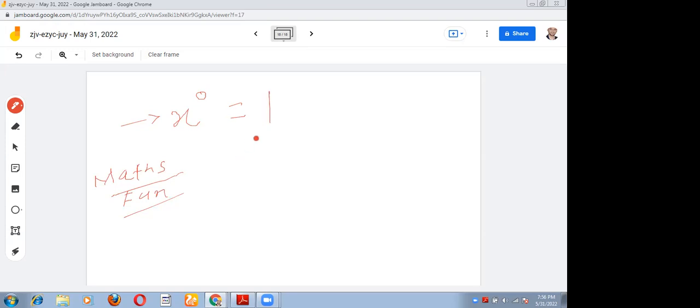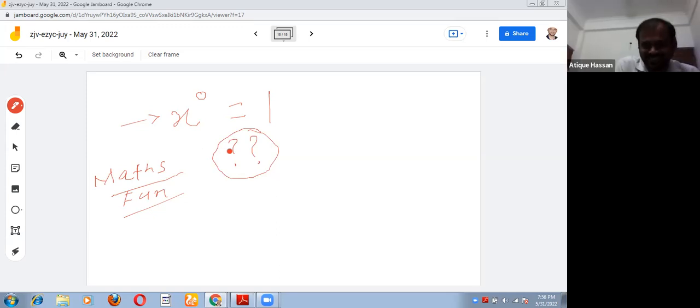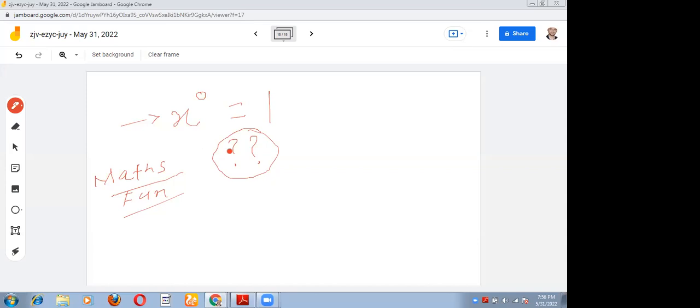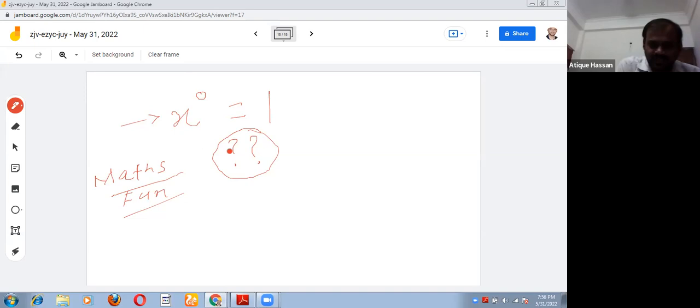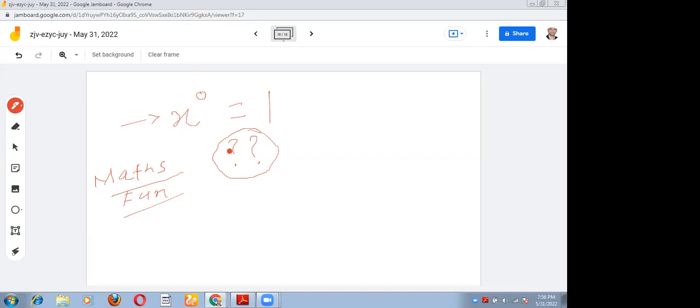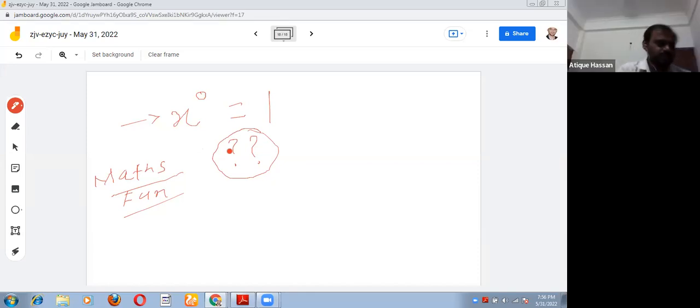It's 1. Why is it 1? Sir, anything raised to 0 will be 1. Why is it 1? I don't know, sir. Both of you are in class 12, right? We generally know x to the power 0 is 1, cos 0 is 1, cos 90 is 0.